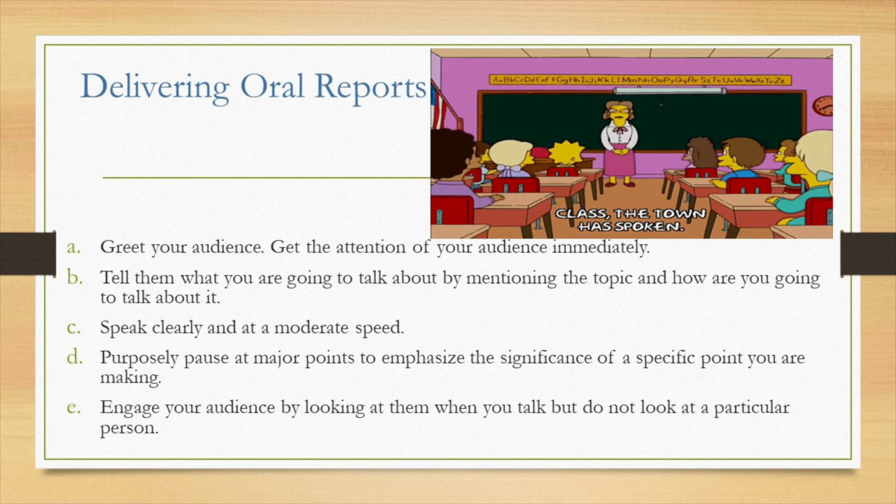And E. Engage your audience by looking at them when you talk, but do not look at a particular person. So that is one of the rules in communication. In communicating or in talking to someone, you have to look at your audience.